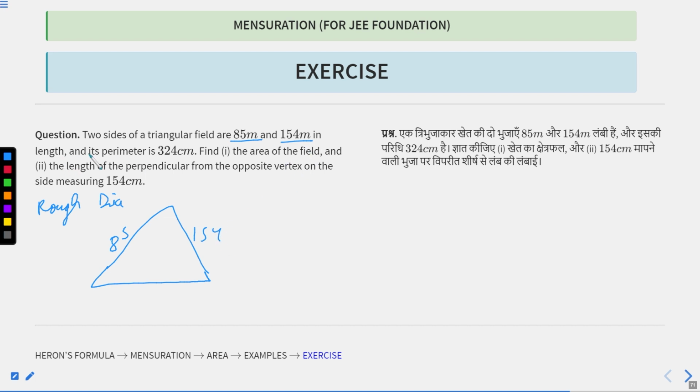Okay, and the perimeter is given to us, which is 324, and we know perimeter is the sum of all sides. So perimeter in a triangle is equal to the sum of all sides, which is equal to 85 plus 154, and this side, say, is equal to a.